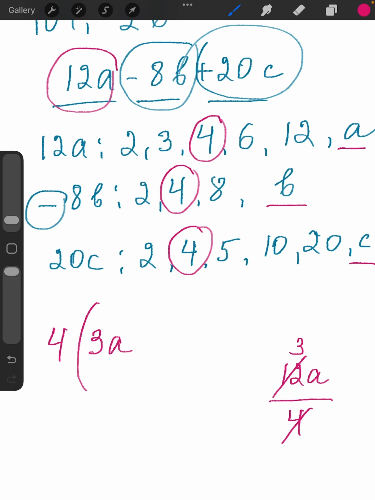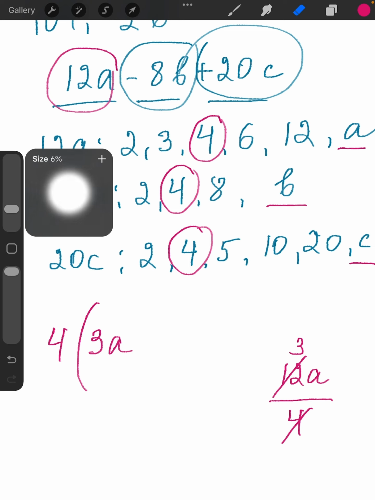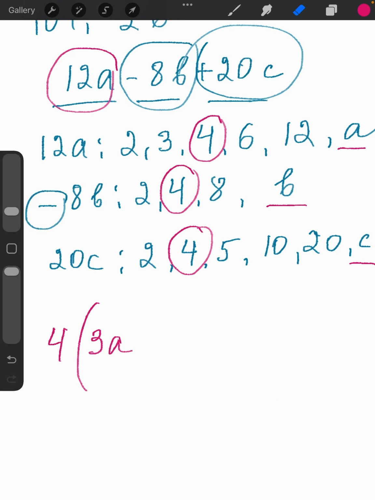Okay, so 3a, then next one is negative 8b divided by what? Divided by 4. Let's simplify, right? So since it's a negative number, we put a negative sign here. 2b.